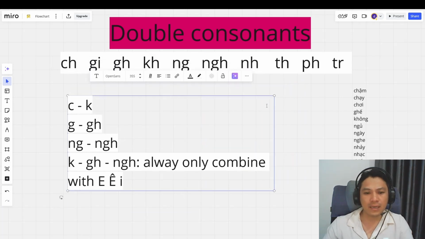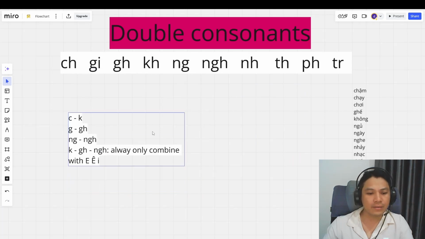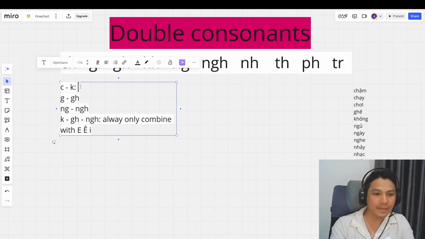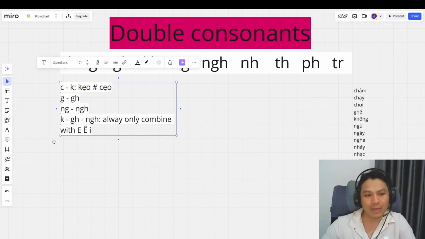It means with three of these, for example this word kẹo, it means candy. But we don't write it like this, right? Because k is always and only combined with a and e.